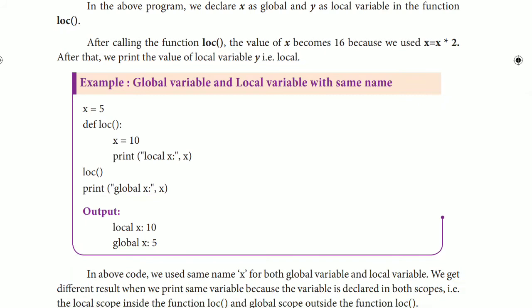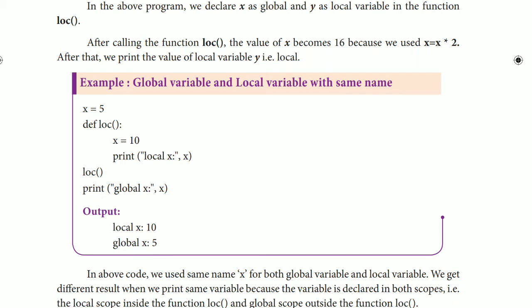Global and local variables with the same name. We'll see what happens here. So x is equal to 5, and that is a global variable, and another x which is declared inside the function, x is equal to 10. Okay, so this is the local variable.